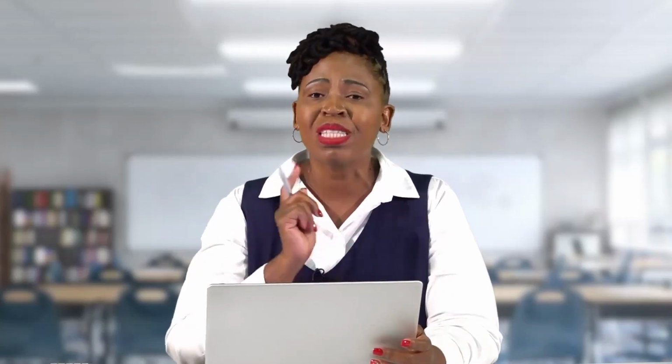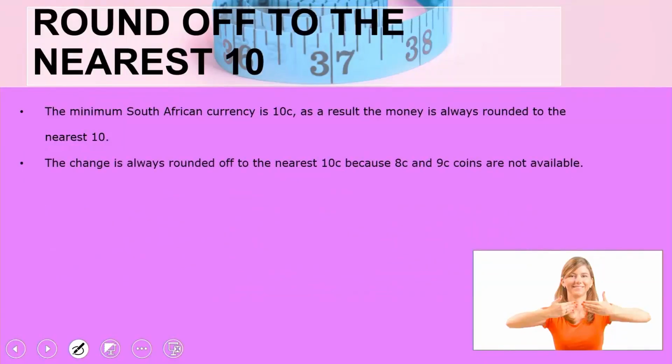It's one of the most important aspects that you need to master so that you can round off in case you are paying with cash, you know exactly how much change you will get. So now always when there is a change, when the change is 8 cents or 9 cents or 7 cents, there is rounding that is taking place. So how is the rounding done?